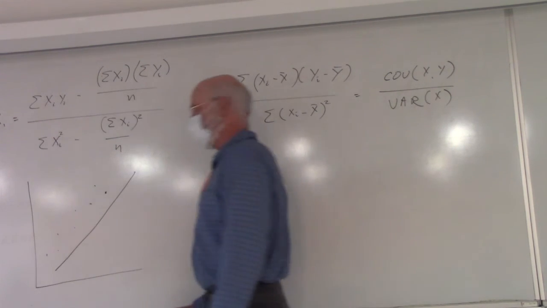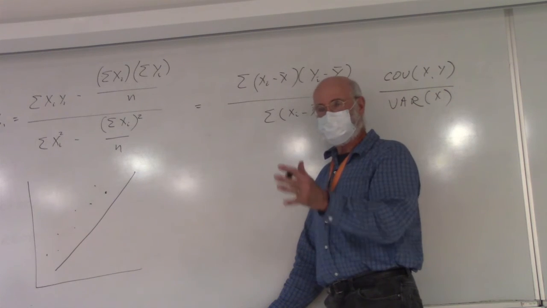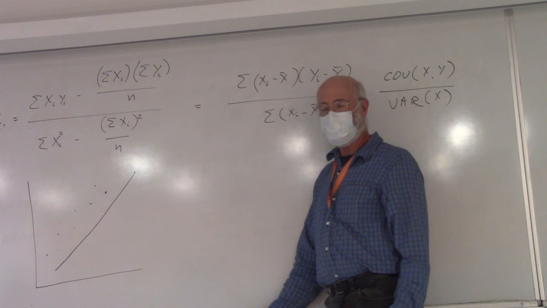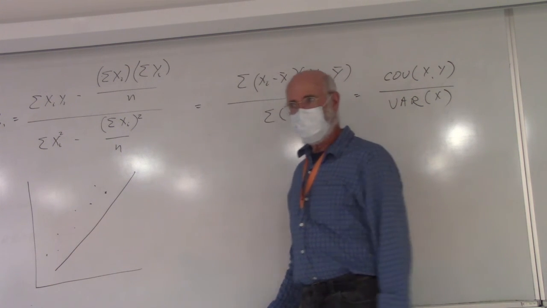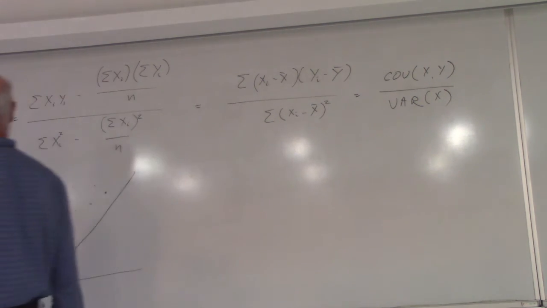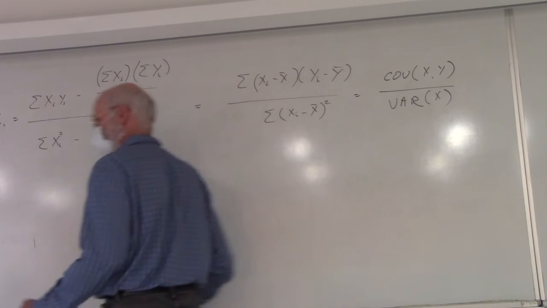There, now the slope is perfect. What are we missing? The opposite. The intercept, right? The intercept is all screwy. So the next thing we have to do is figure out what the other part of this thing was, that is the intercept. So let's do that.